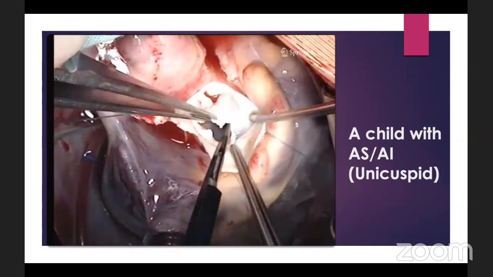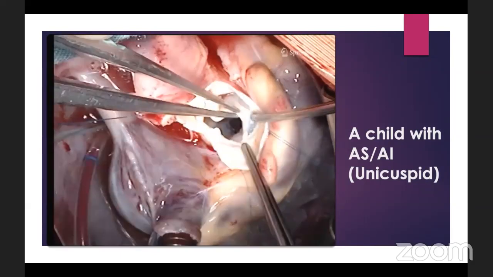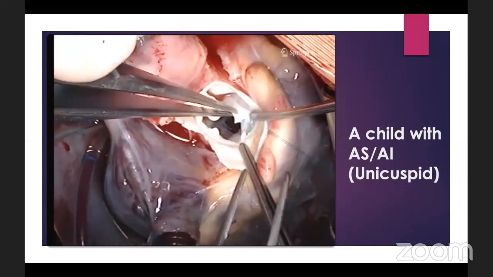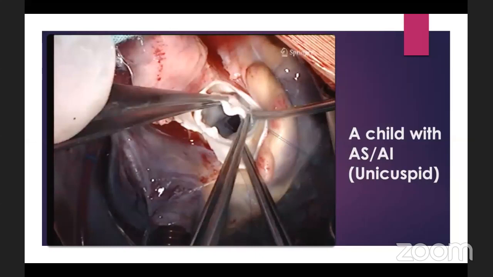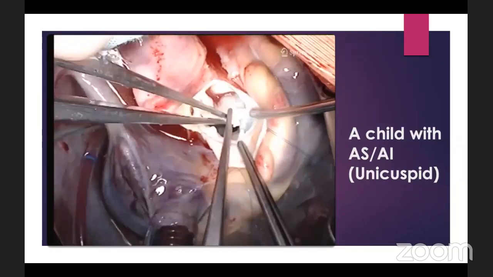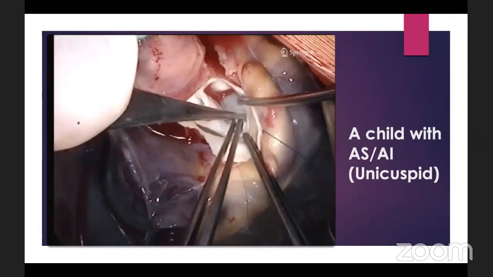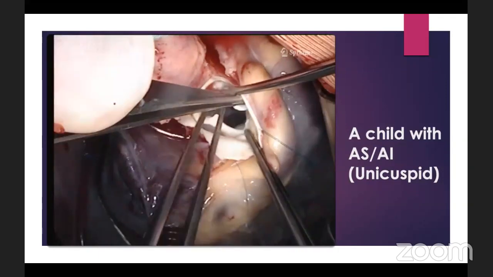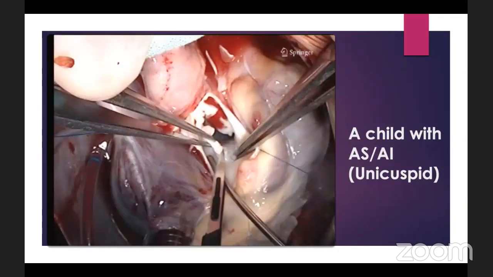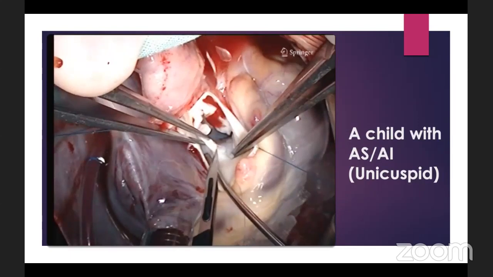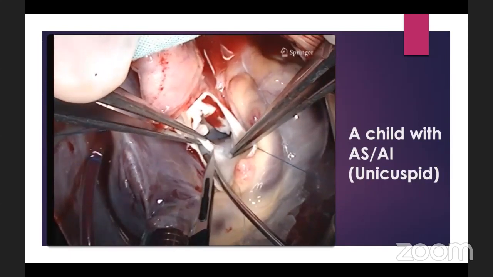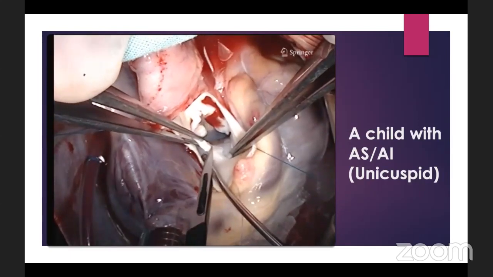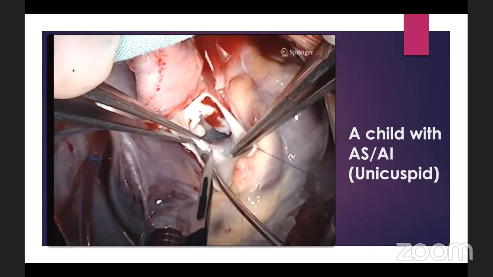Otherwise it's a mobile leaflet of a good size. So to create a commissure, and that will end up resulting in one missing cusp. And that cusp will then be reconstructed out of autologous pericardium. So the raphe is mobilized and reattached. This is now the non-coronary cusp.